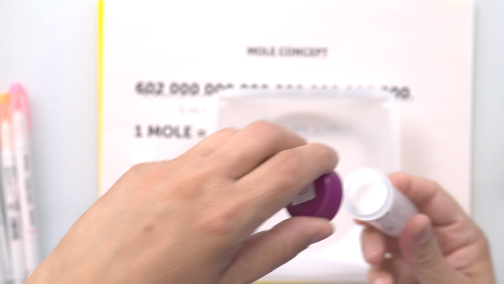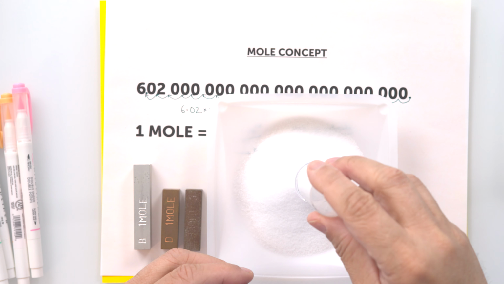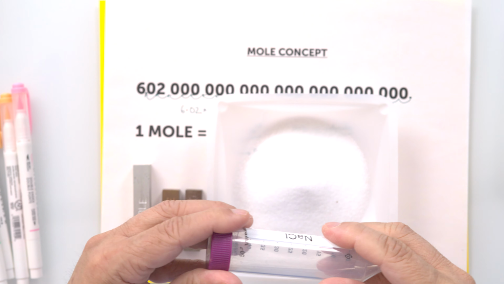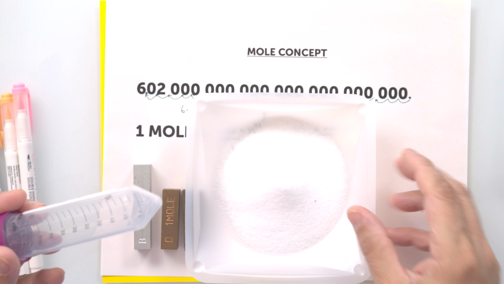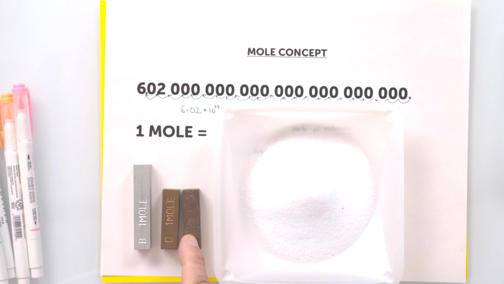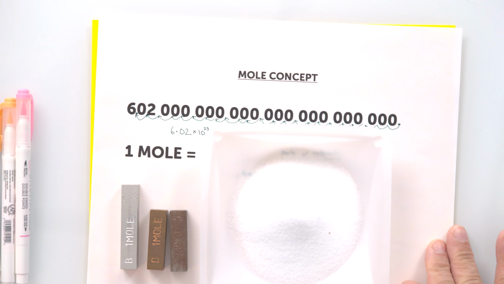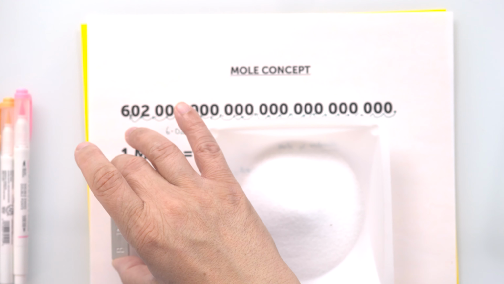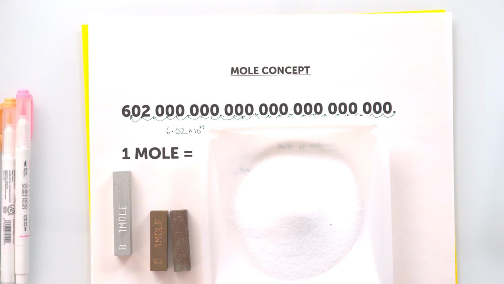And I'm going to just pour it out here so you can take a look at it. That would be 1 mole of NaCl right there. So you've got the iron, you've got the copper, and now, believe it or not, you've ended up with 1 mole right there of aluminum.